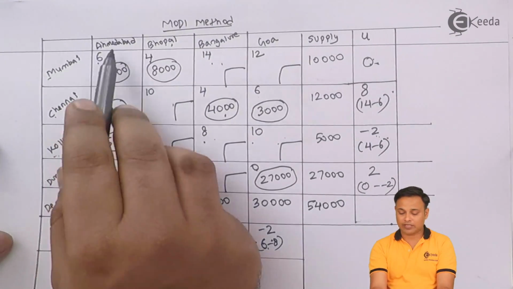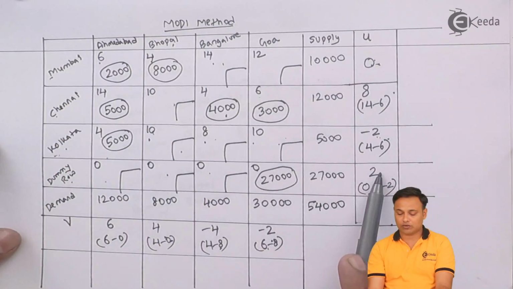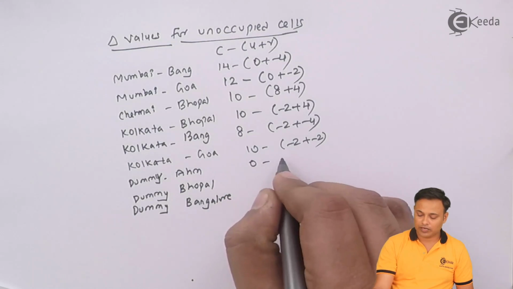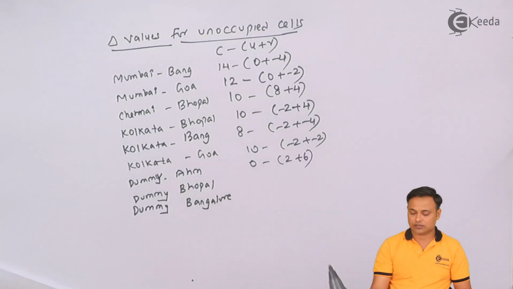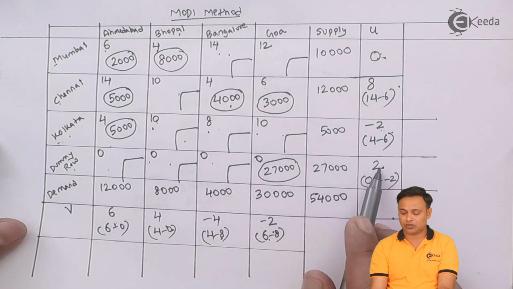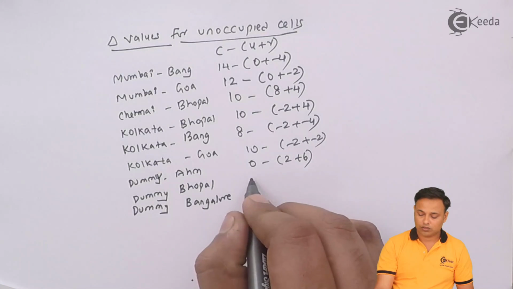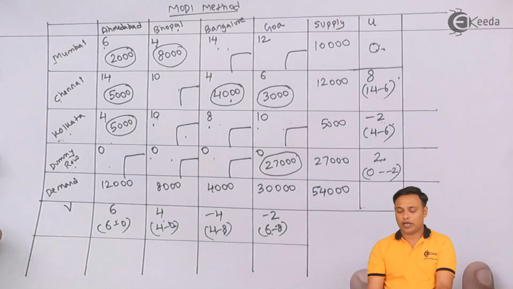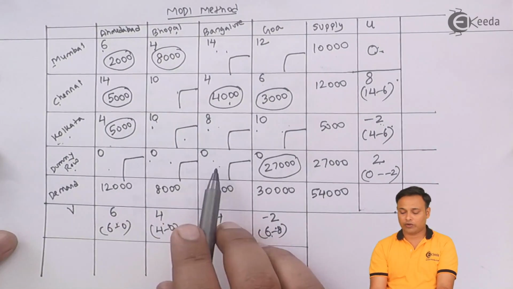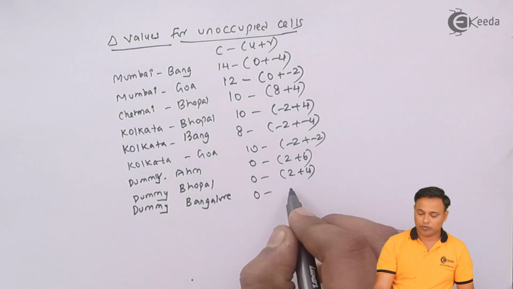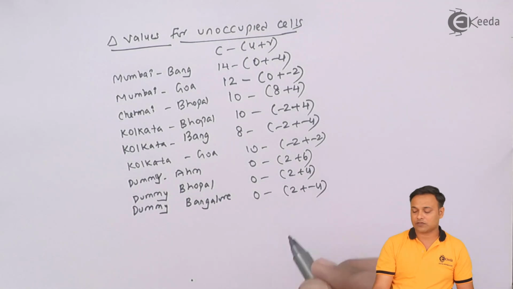At dummy Ahmedabad it will be 0 minus 2 plus 6. At dummy Bhopal it will be 0 minus 2 plus 4. At dummy Bangalore it will be 0 minus 2 plus minus 4.